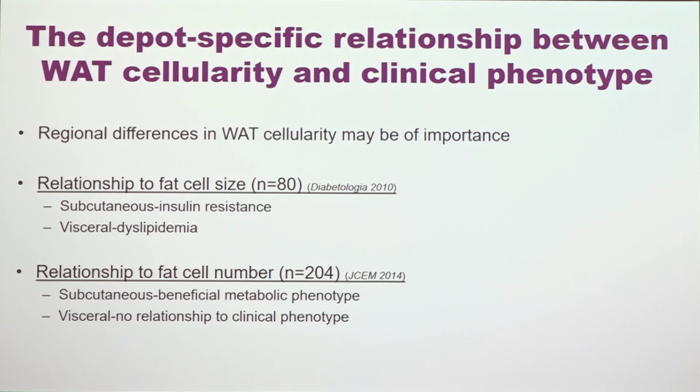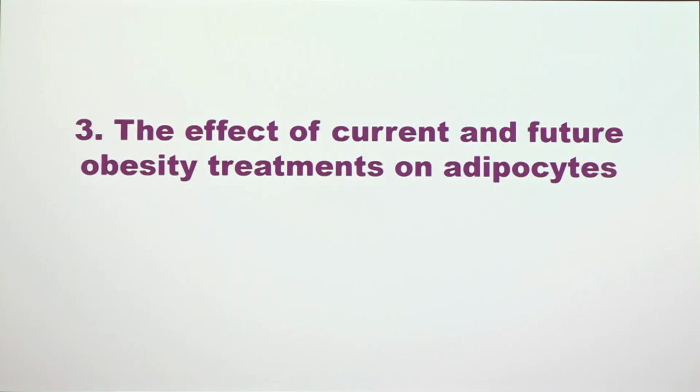If you have many fat cells in the subcutaneous adipose tissue, that's linked to a beneficial metabolic phenotype. In contrast, if you have a large number of fat cells in your visceral adipose tissue, that has no relationship to clinical phenotype. So our conclusion from that is that the visceral adipose tissue is an ectopic fat depot, and there's no benefit of having many fat cells in there.